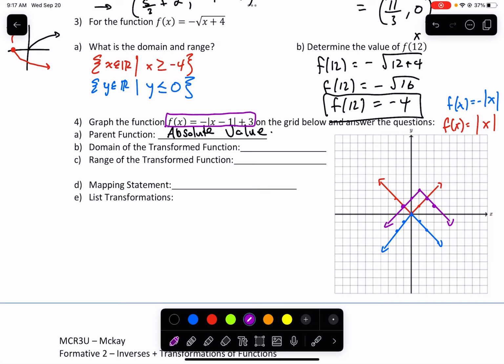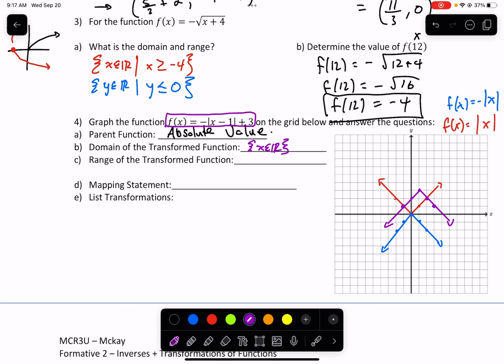Let's talk about the domain for a second. Are there any restrictions on the absolute value's domain? No. So you're just going to write x is a part of the real numbers. Is there any restriction on the range for that transformed purple graph? Sophie?